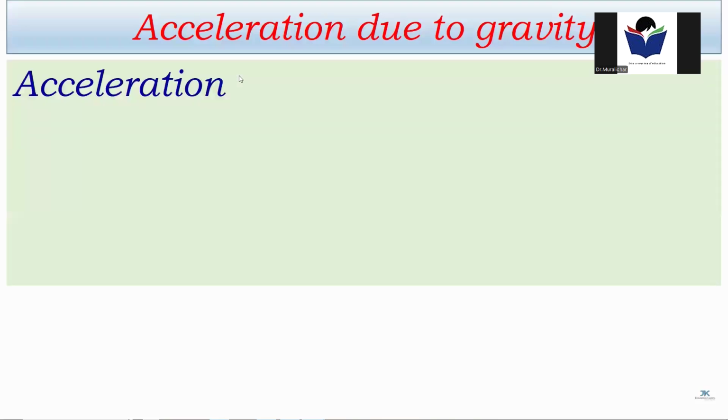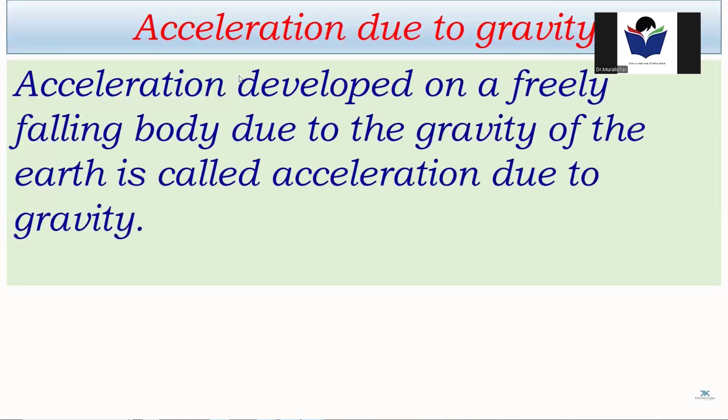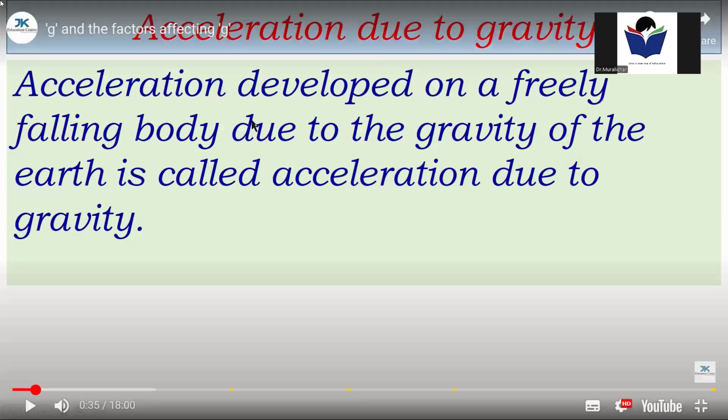What is it? Acceleration due to gravity can be defined like this: acceleration developed on a freely falling body due to the gravity of the Earth is called acceleration due to gravity. Look at this word, freely falling body. It means a body falling freely from our hand, just dropped without any force. Velocity is 0, but still it is accelerating. How?